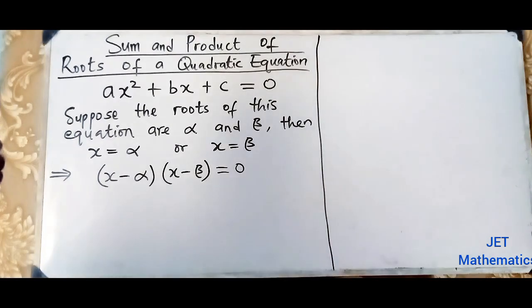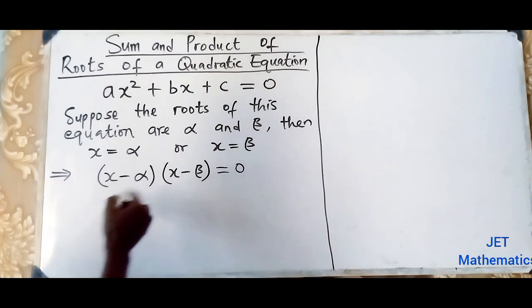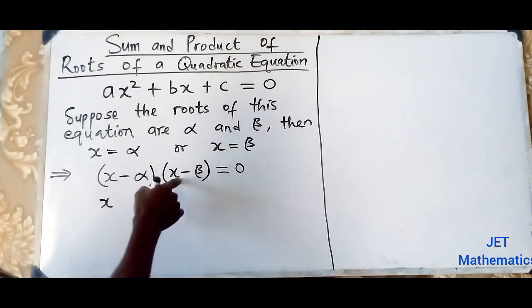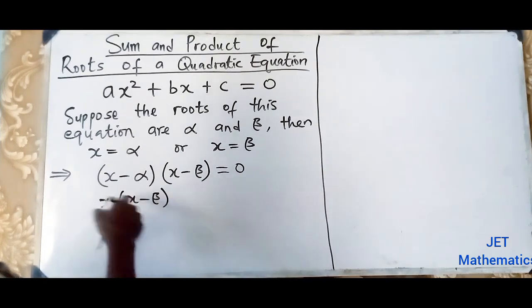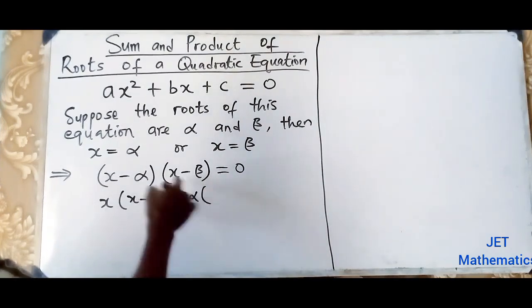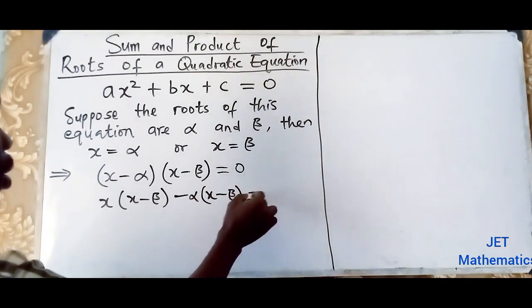So we can go further from here, expanding. We use x to open up this bracket, x minus beta. We also use minus alpha to open up this bracket, so we have x minus beta, equals 0.